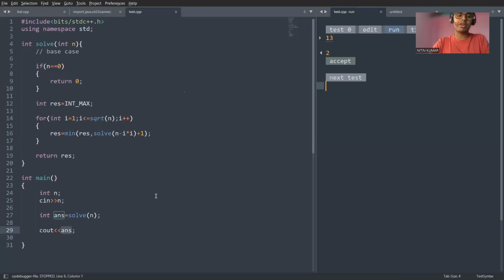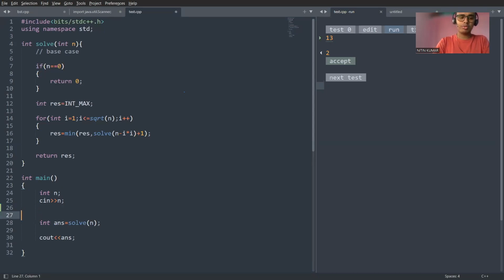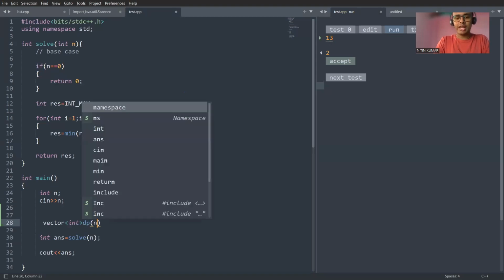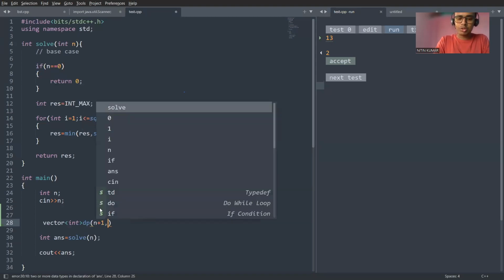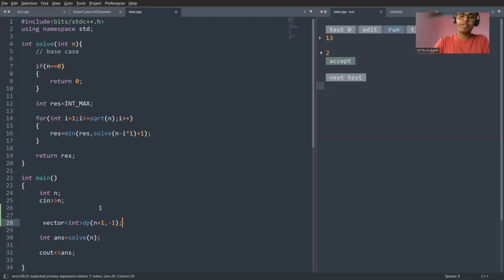So for that, what we are going to do here, we are going to take an array, or you can say I'm taking it as a vector. Vector is a dynamic allocation of an array, dp, and the size of the array is n plus 1. Why n plus 1? Because how many different values are there?